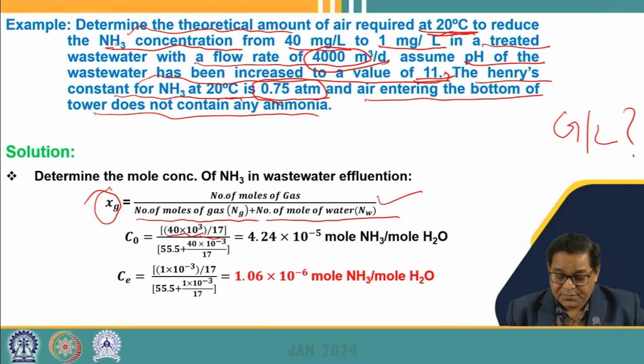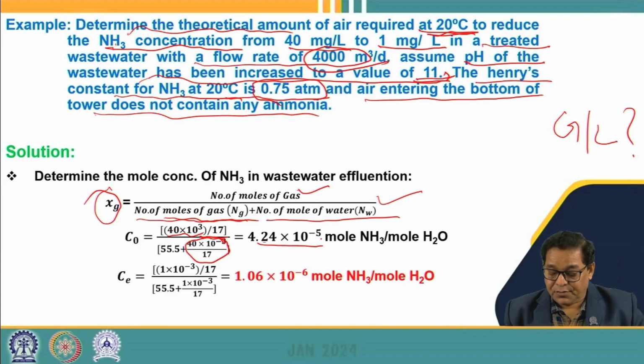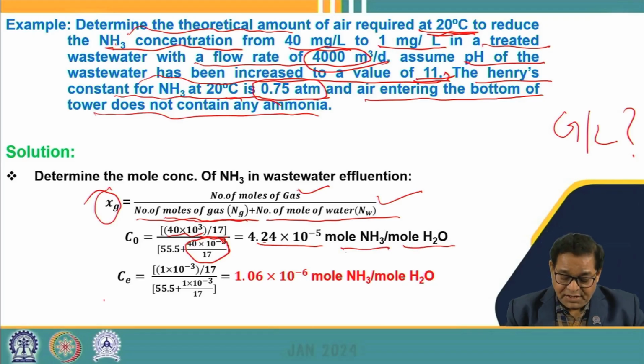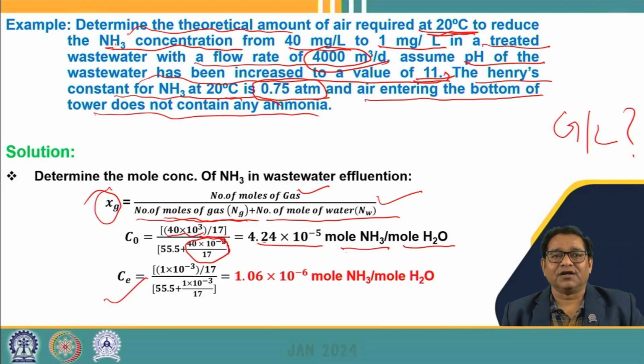This gives the number of moles, because 17 is the molecular weight of ammonia. That is equal to 4.24 into 10 raised to the power minus 5 moles of ammonia per mole of H2O.